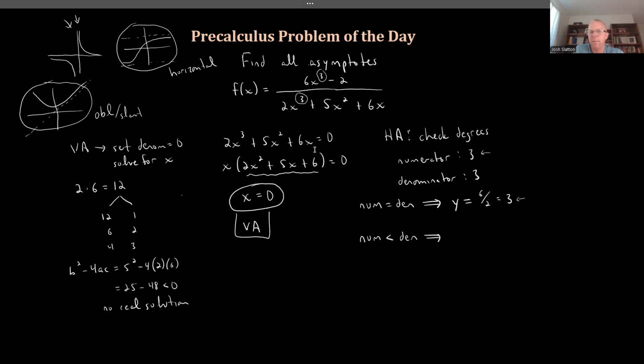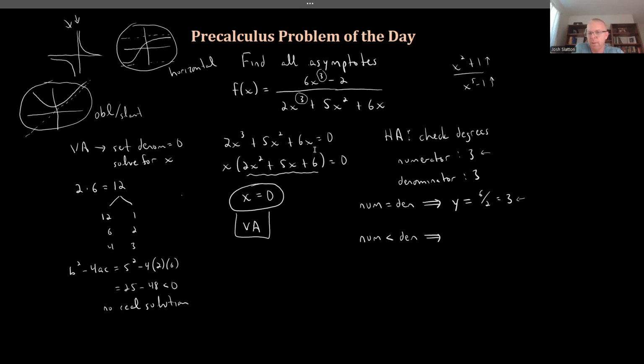Let's just say it's x squared plus 1 over x to the 5th minus 1 or something like that. As x gets really, really big, this gets really big, and this also gets really big, but not as fast. You could try this plugging in large numbers, and you see that the ratio between those two numbers is getting smaller and smaller.